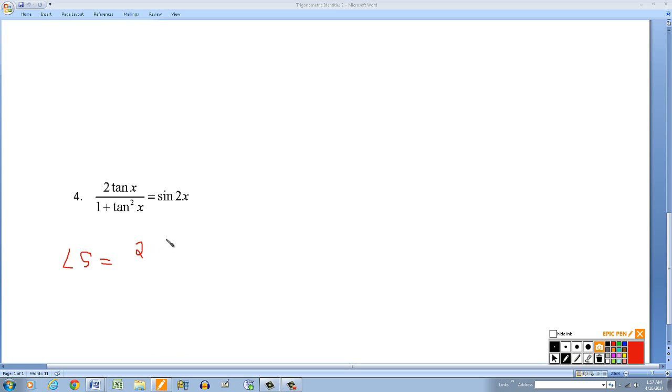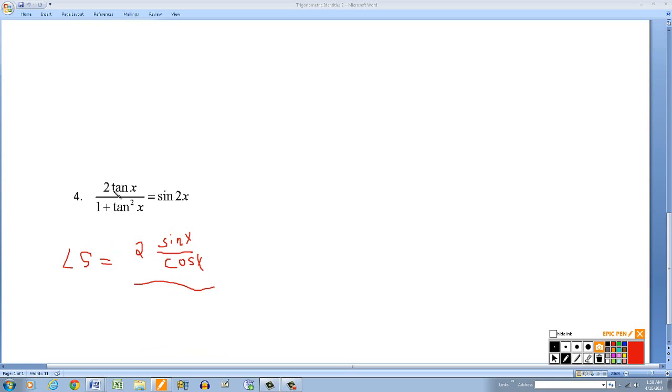So on top, tangent of x is the same thing as sine of x over cosine of x. Now 1 plus tangent squared x. Remember, this is over here, left side.